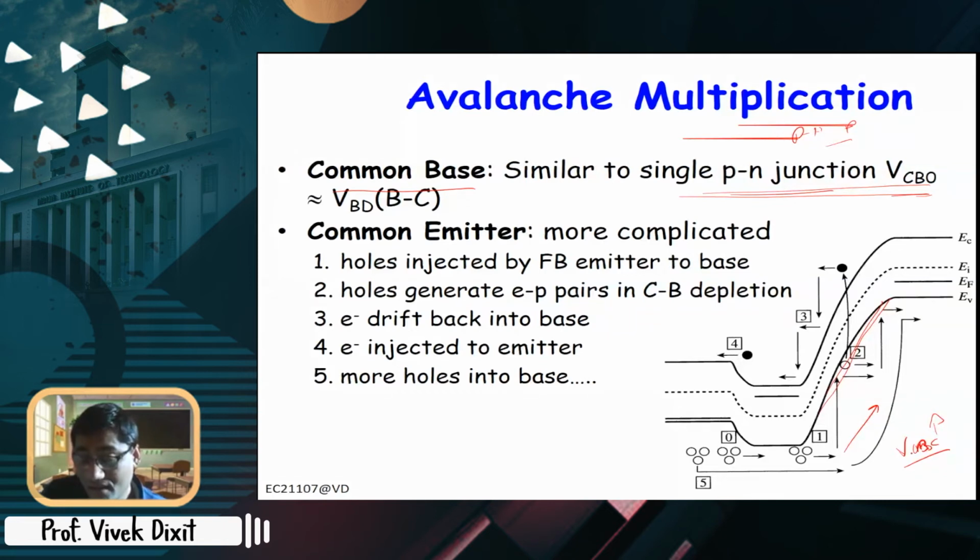So if you increase this reverse bias voltage, the multiplication factor will also increase. In case of common emitter, since we are already getting some amplification here, if you can recall, IC is alpha by 1 minus alpha times IB.